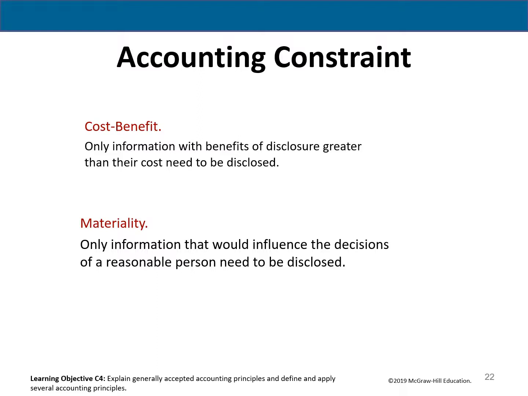So let's say you accidentally put something in the wrong category, and we're going to be talking about the categories in a minute. You put something as an asset instead of an expense for $100. Well, materiality-wise, if your business is $100 million, does that $100 really matter? It's not a big deal if it's not in the correct category, because having it in a different category than it needs to be isn't going to influence the decision makers.